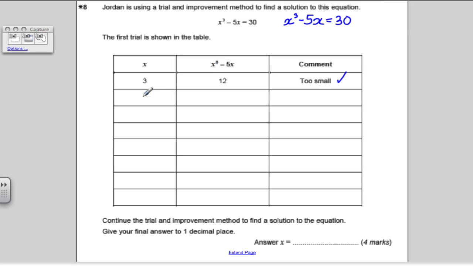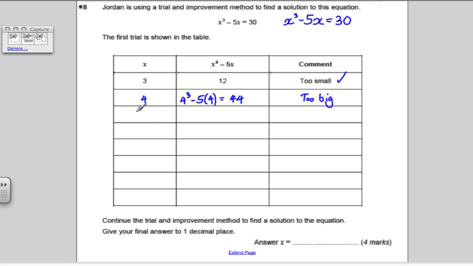So let's try 4. Let's work out 4 cubed on our calculator minus 5 times 4. So 4 cubed is 64, minus 5 times 4 is 20, so you get 44. And this is too big. Only now, when you've got one too small, one too big, can you go to decimals.